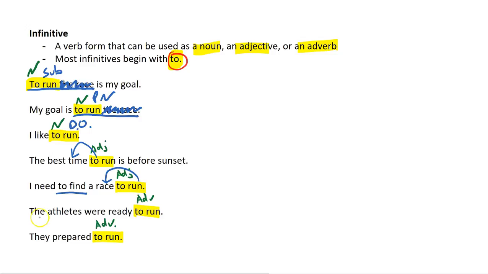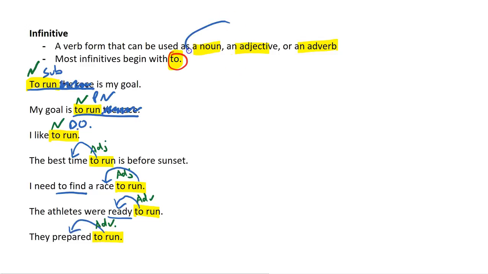In the sixth one, the athletes were ready to run. This is an adverb. It's describing what they were ready to do. And then it's describing the adverb, ready. And then, actually, that's an adjective. Yeah, it's an adjective. It's describing the adjective, ready. And then in the last one, they prepared to run. To run is, again, acting like an adverb, describing the verb, prepared.